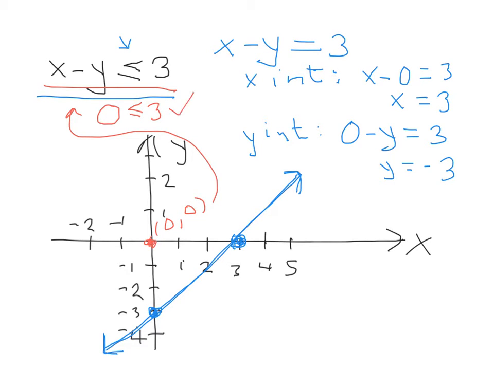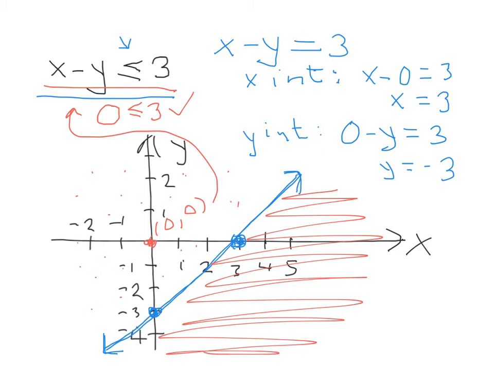This is true, which means that 0, 0 is true, and every point that's on the same side as 0, 0 will all end up true, and every point that's not on the same side will end up false. So this side is false, and we call this side the feasible set. Any point in that region above the line would end up true when we plugged it into the inequality.